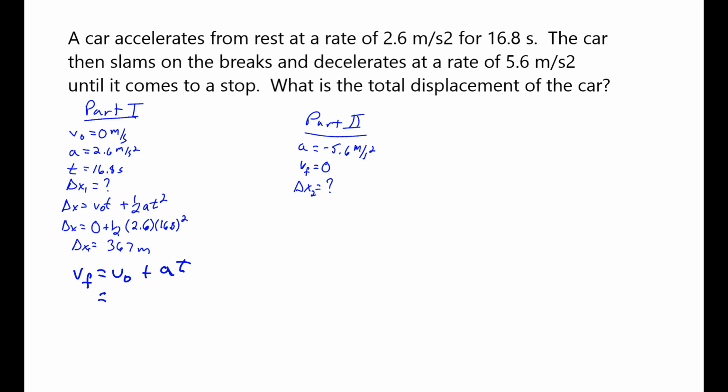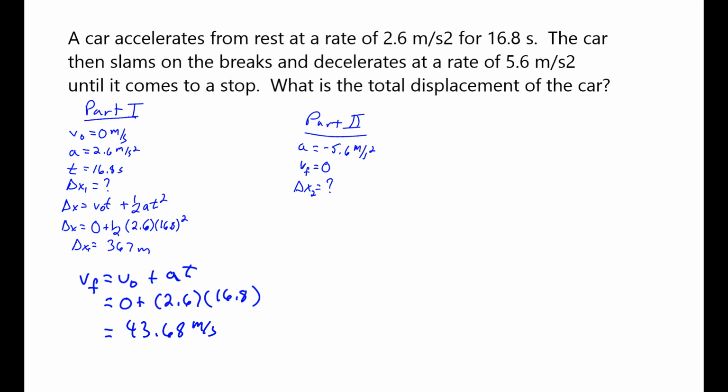So Vf equals 0 plus 2.6 meters per second squared for acceleration times 16.8 seconds. And what's our final velocity for part 1? 43.68 meters per second. That's our final velocity for part 1, so that becomes our initial velocity for part 2.